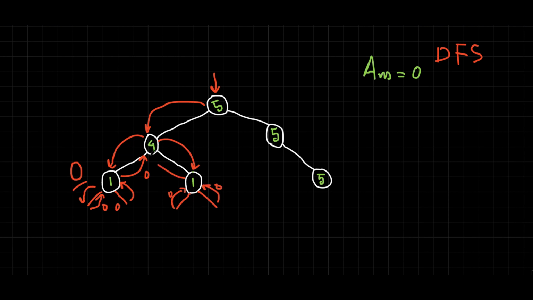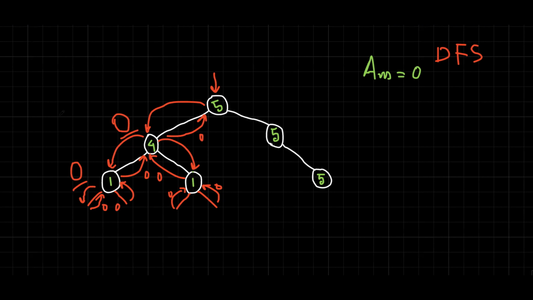And 1 will return the value 0 again, because this value 1 is not equal to this value 4. The node 4 is getting the values 0 and 0 from the left and right children, and this value 5 is not equal to this value 4. So 4 will return again the value 0, and here the answer will be again 0.